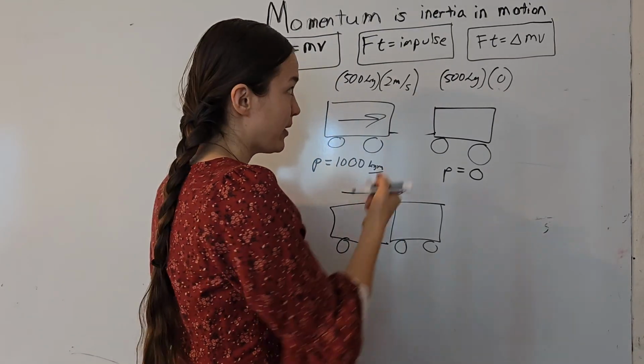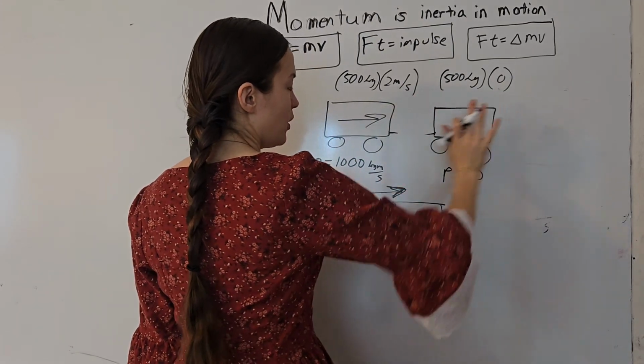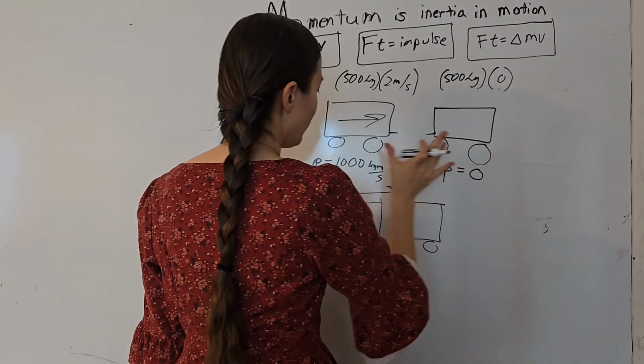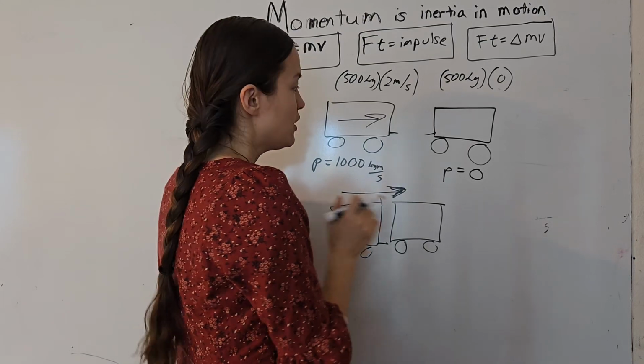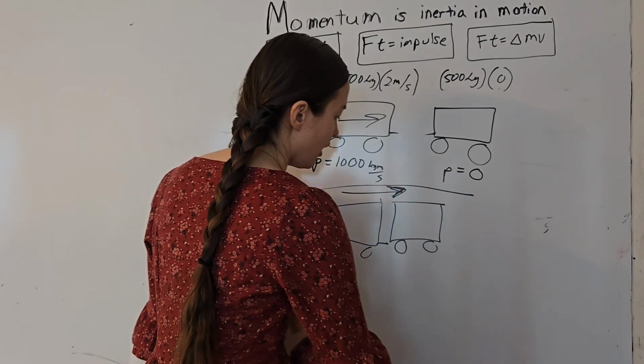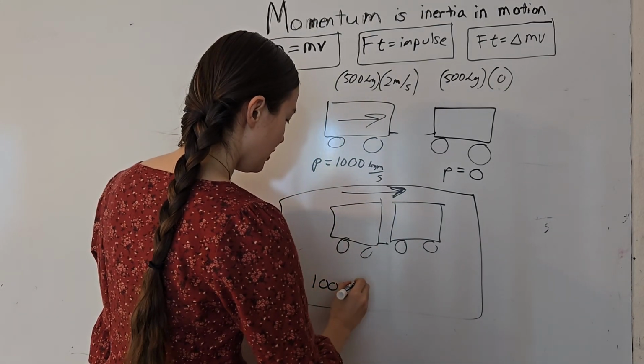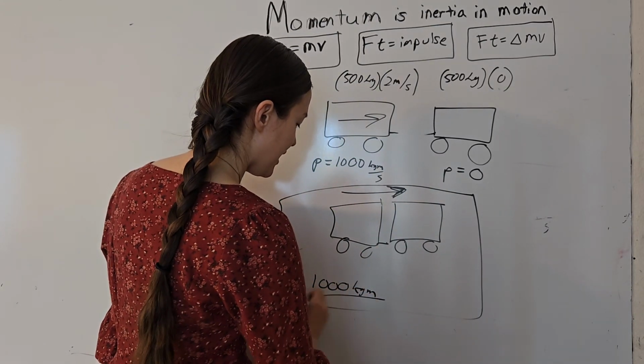We can actually figure that out, because for the conservation of momentum, initially in the system we add up all the different momentums: 0 plus 1,000 kilogram meters per second. So the momentum in this system, with the law of the conservation of momentum, has to still be 1,000 kilogram meters per second.